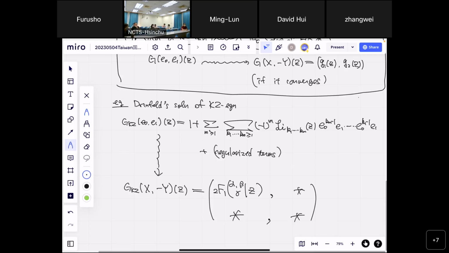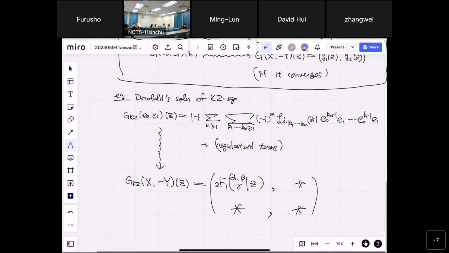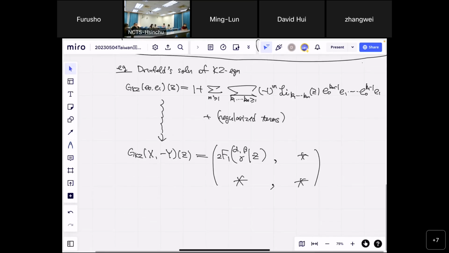If you consider the solution of the KG equation and the evaluation, the 1,1 entry, you will recover the hypergeometric functions. This is an interesting observation.